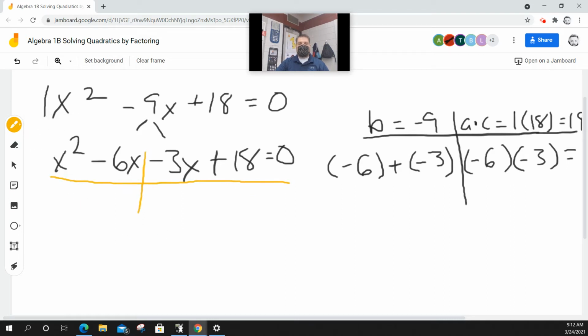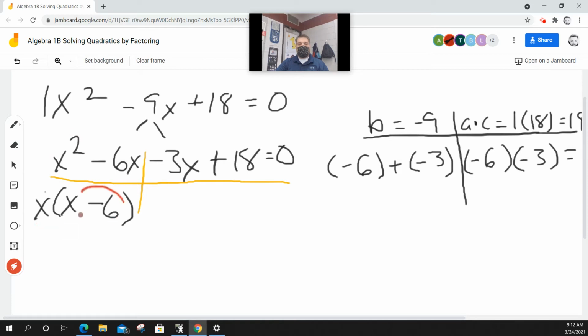I'm going to factor something out of these first two terms. So what I'm going to factor out is an x, because that's the only thing they have in common. X times x equals x squared, and then x times negative 6 equals negative 6x. So I'm going to double check real quick. X times x does equal x squared.